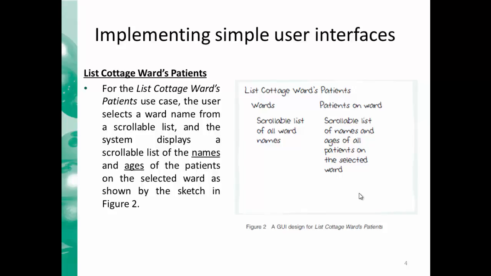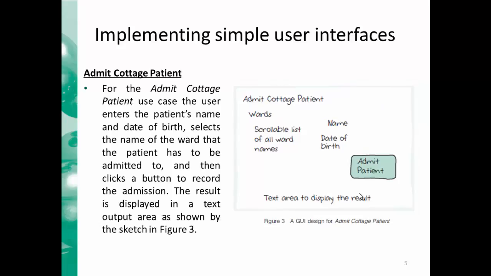And if you want to go over the names of the patients, you can scroll up and down through the list and have a look at the information. This is possibly the initial design for this use case.